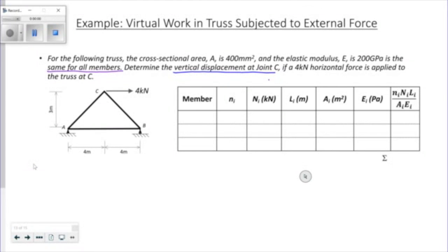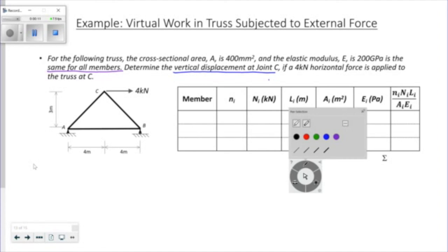So, now that I've solved my real system and my virtual system, I'm going to come back here and fill it in. I've got member AB, member AC, and member BC.